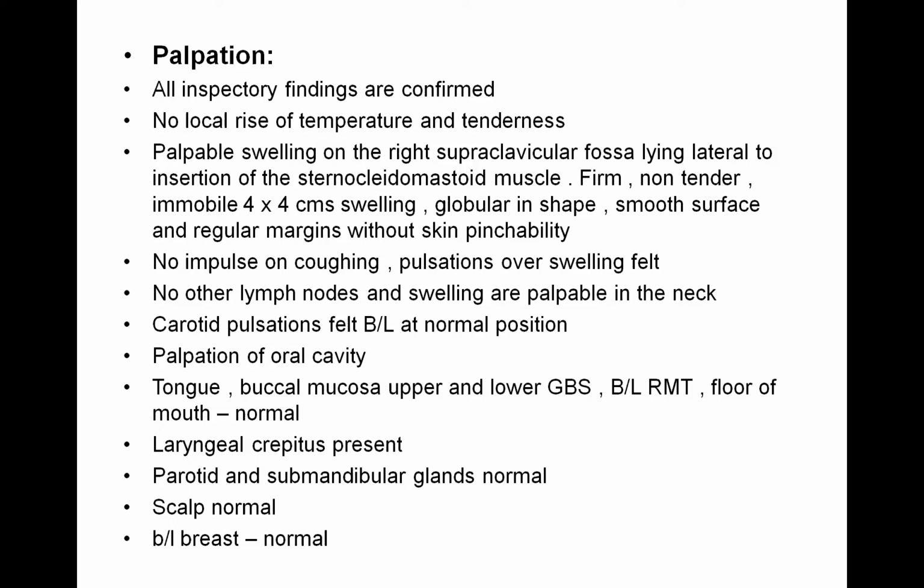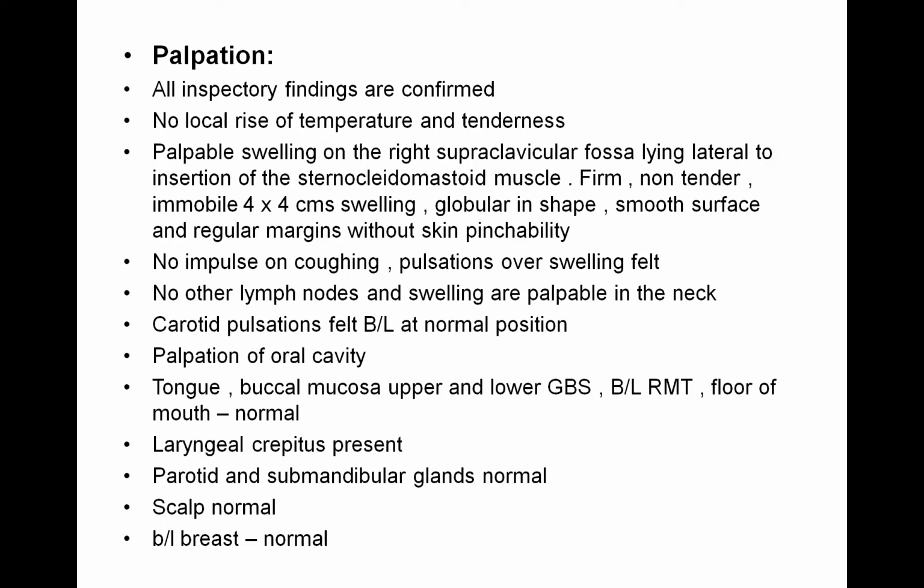A 39-year-old premenopausal female with no significant history presented with right-sided lower neck swelling since 3 months, sir, which is insidious onset and gradually progressed to present size. The swelling is firm, non-tender, and immobile. It was fixed to the underlying structures and the skin.